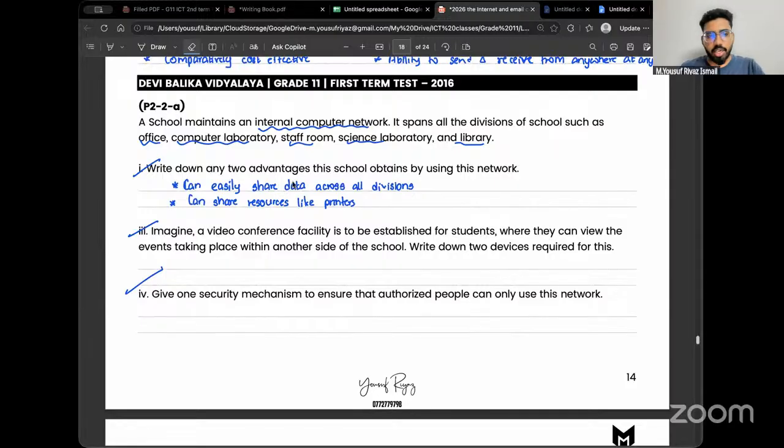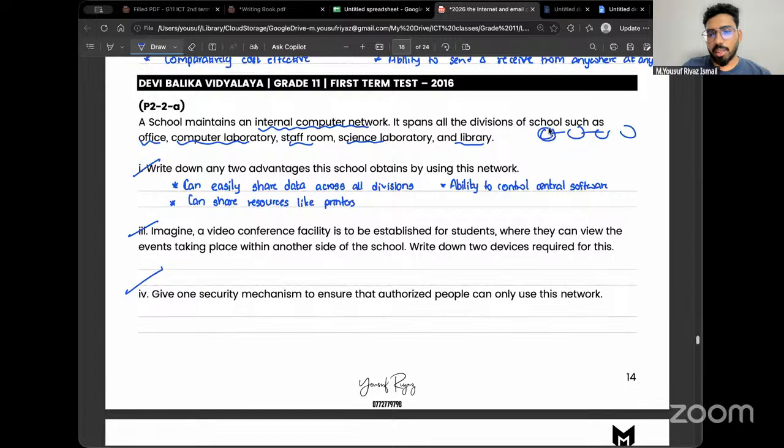Easy to transfer files, the first one, same. Software application installed on one device can be used in others. Rather than mentioning software applications can be used, you can mention ability to control central software. What I mean by this is if I have properly configured them in a network, let's say there are 5 computers, I can control the software in each computer.